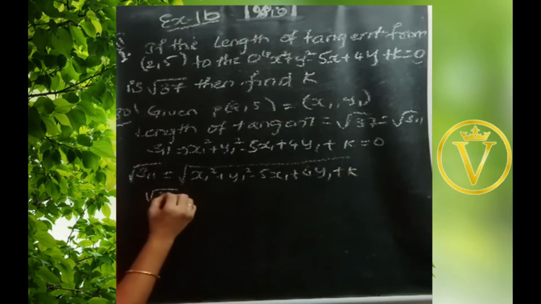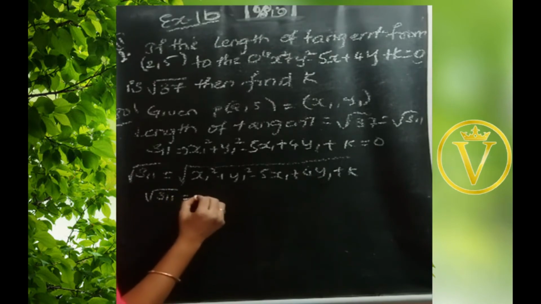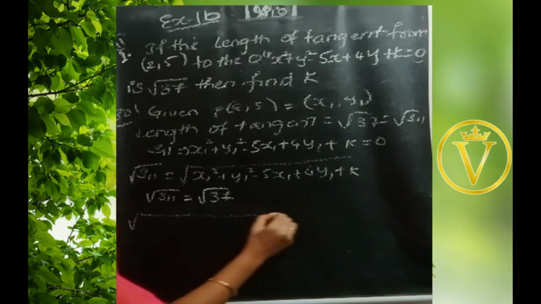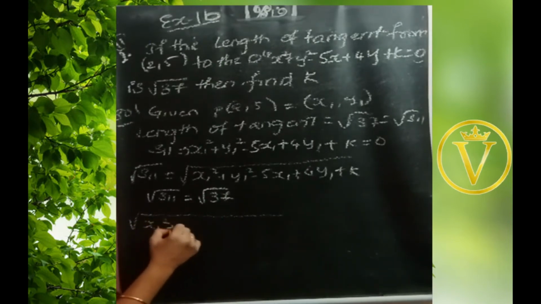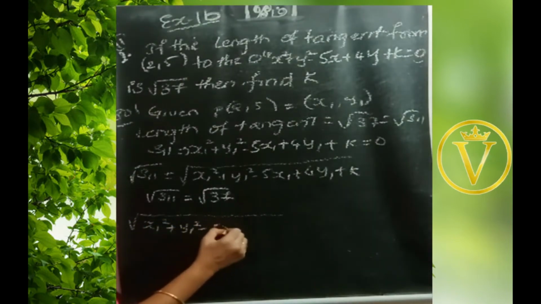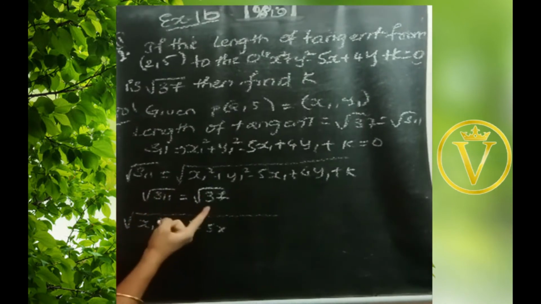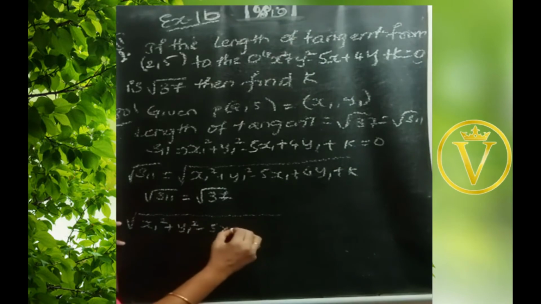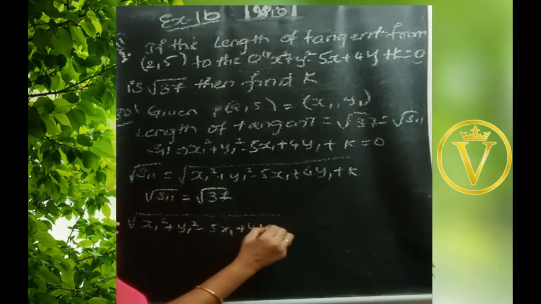Now root S11 equals root 37. Both sides are in the root terms, so you can easily cancel it.